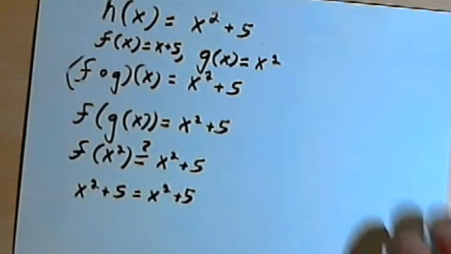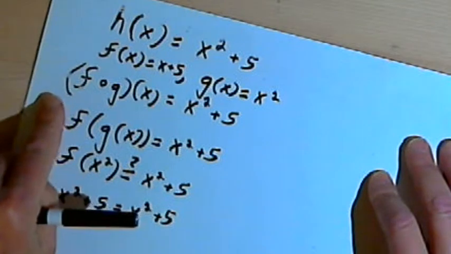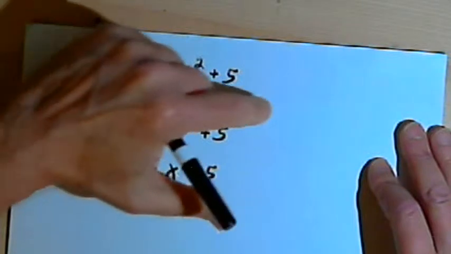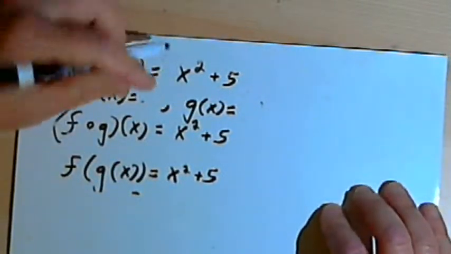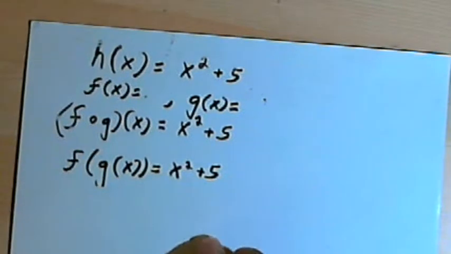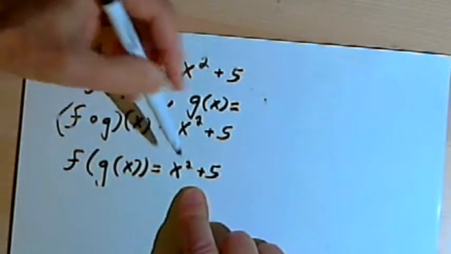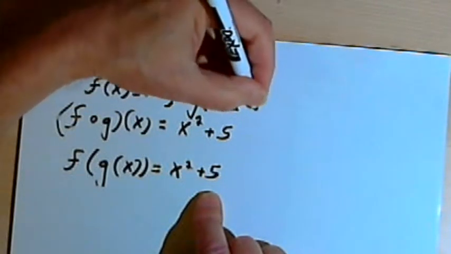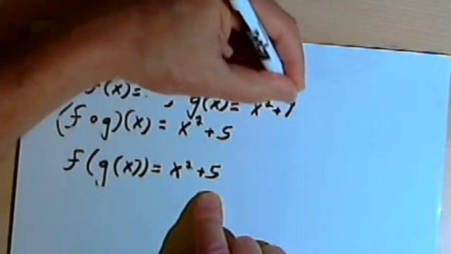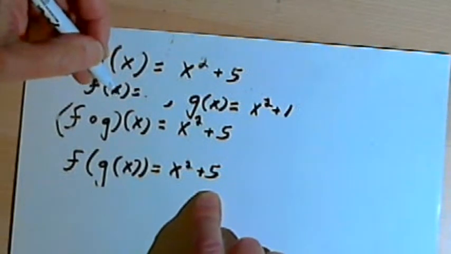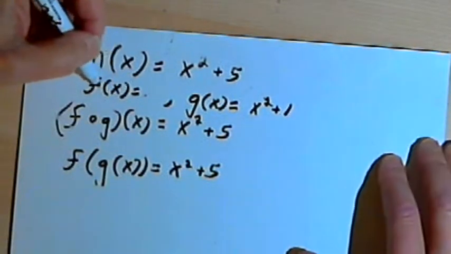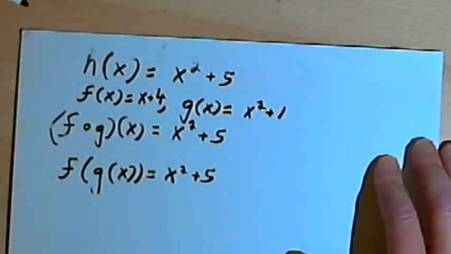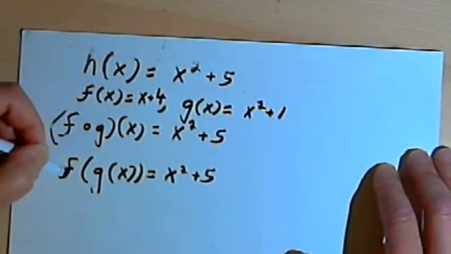That's a possible answer. Now there's more than one way to do this. So let's say I get rid of that solution, and we'll see if there's another way that I can come up with. What if we said that the first thing that happened was that we took an x, squared it, and added 1? In other words, g of x is the same as x² + 1. And then in order to turn the result of that into x² + 5, f of x became x + 4. Okay, so let's see if that would work. I've got f of g of x.